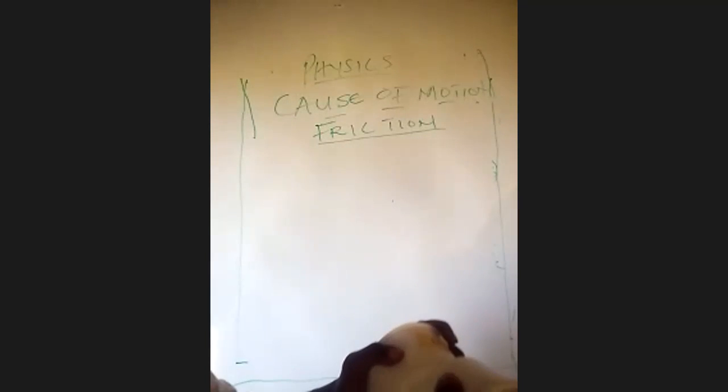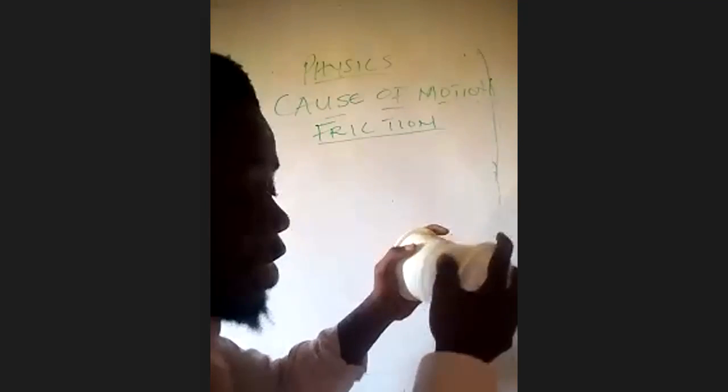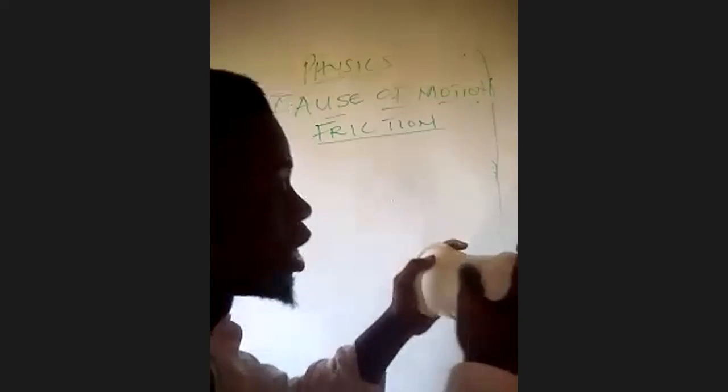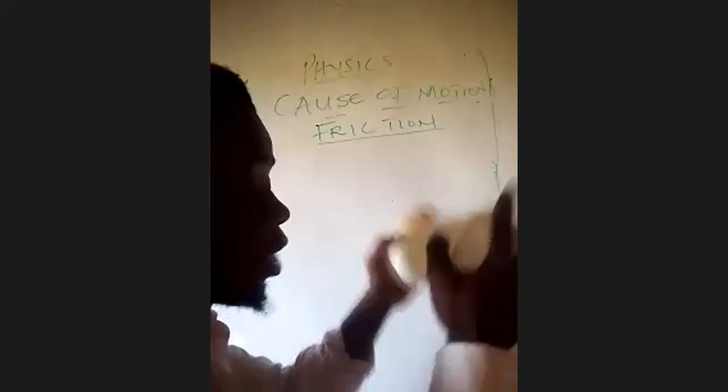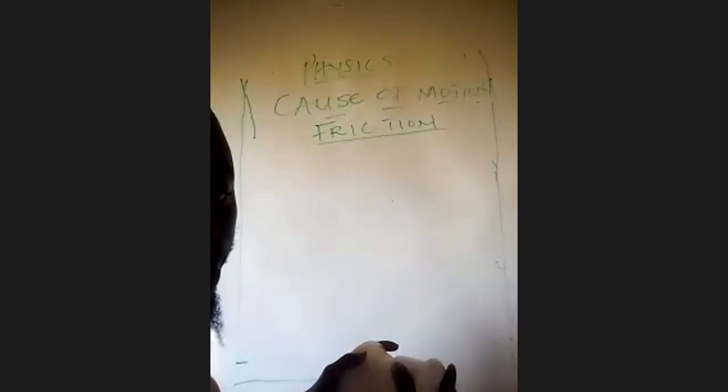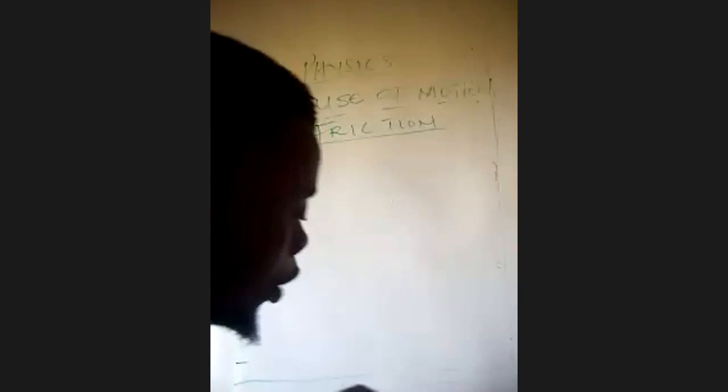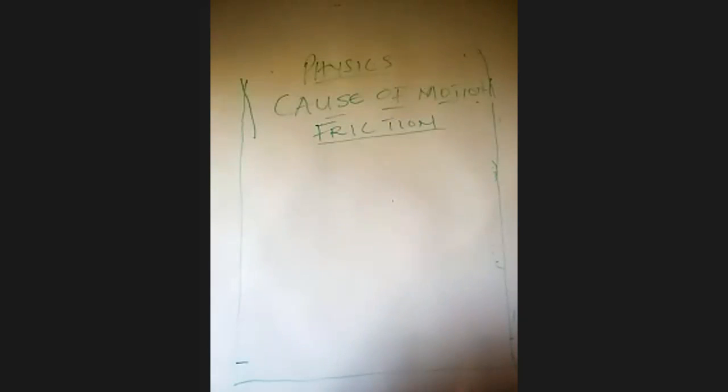The action that brought about this effect is what we refer to as friction. Friction is defined as a force which acts at the surface of separation between two objects in contact and tends to oppose the motion of one over the other. That is the normal definition of friction.